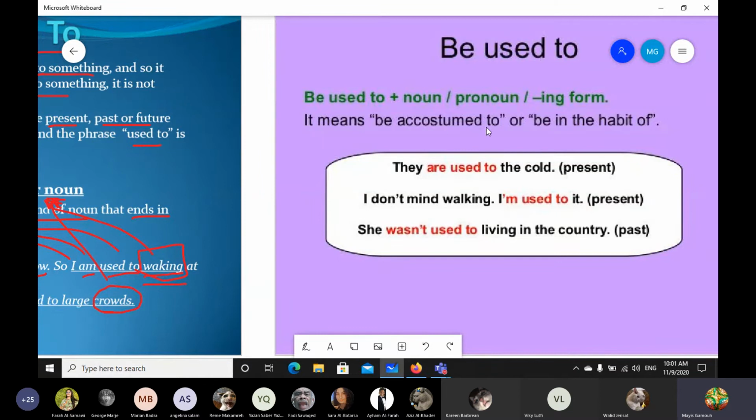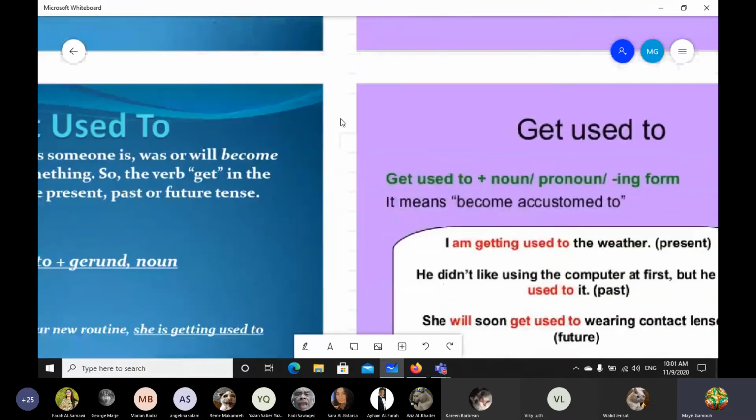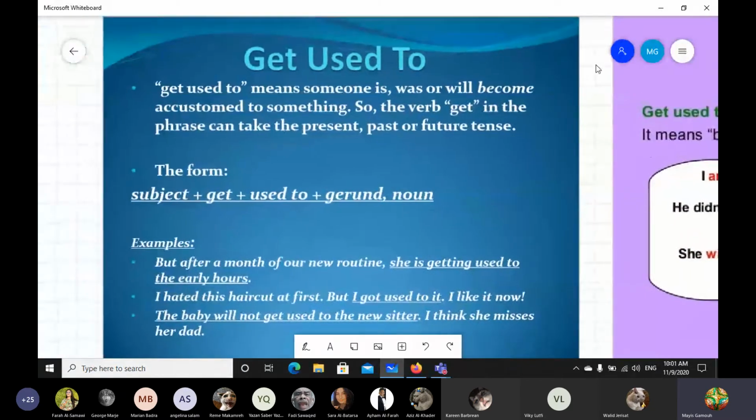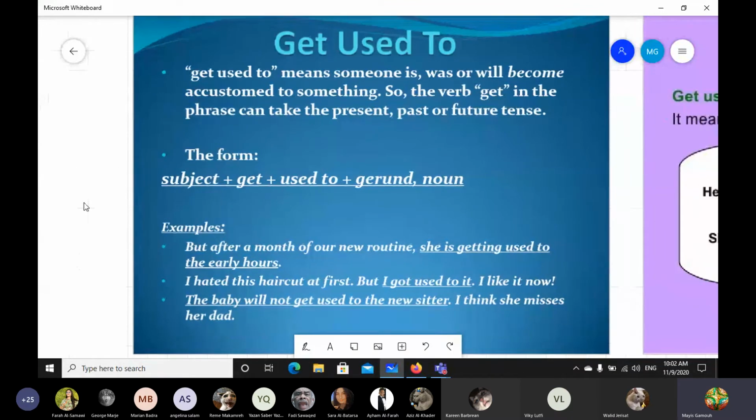It means be accustomed to، اللي هي بتكون انت مألوف، اشي مألوف إلك. هلا بنروح على ال get used to. Get used to شو هو ال get used to؟ بنشرحها عشان بعدين نشوف ال difference الاختلاف ما بين ال be used to وال get used to.